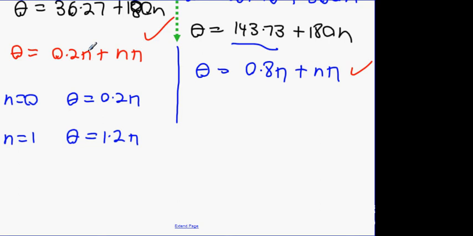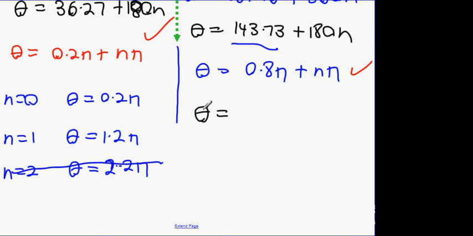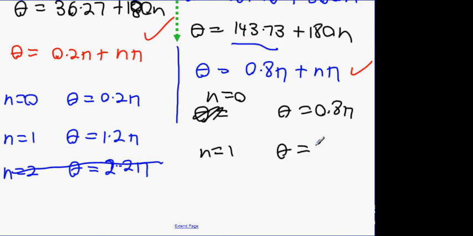N equals 2, theta equals, and what's wrong with 2.2 pi? Over 2 pi, it's too big. Go again. N equals 0, theta equals 0.8 pi. N equals 1, theta equals 1.8 pi, and you automatically know the next one's going to be too big. Okay, moving on.